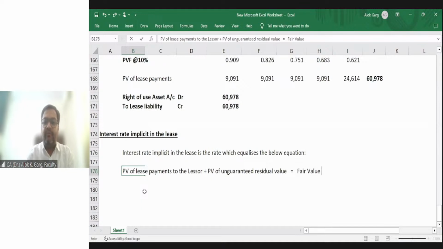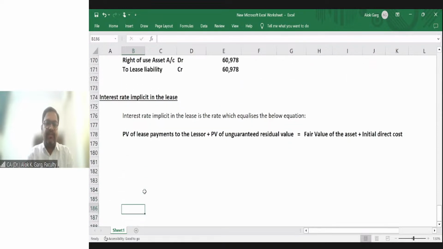Fair value of the asset plus initial direct cost. Right? This is the equation.